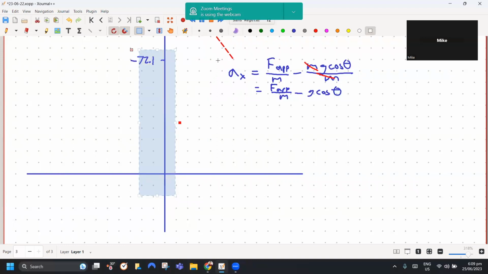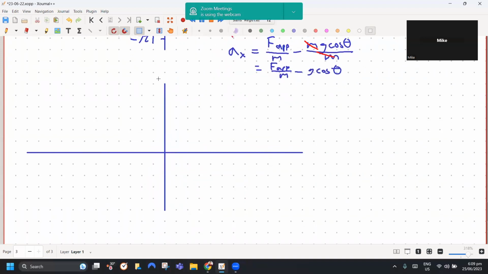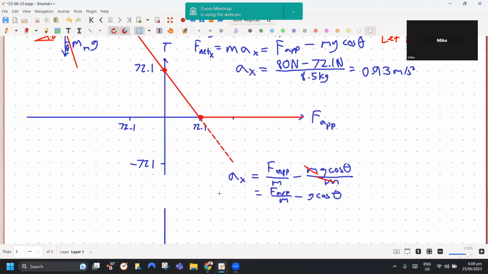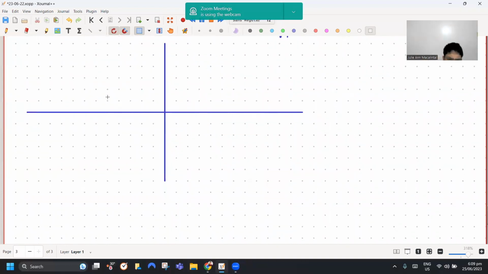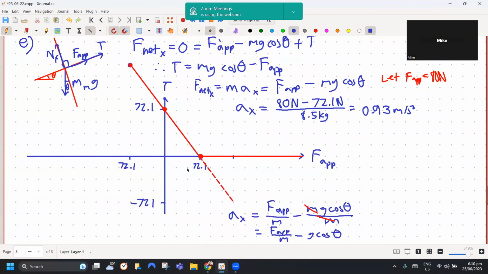Tapos burahin mo yung ano kasi hindi sila pareho. Okay, so tingnan mo yung ano. So if you look at the equation for a sub x versus F applied, ano slope, ano intercept? Tingnan mo yung equation mo.